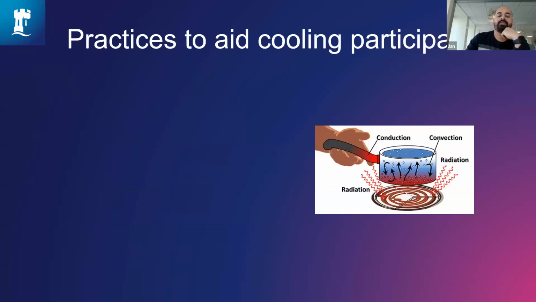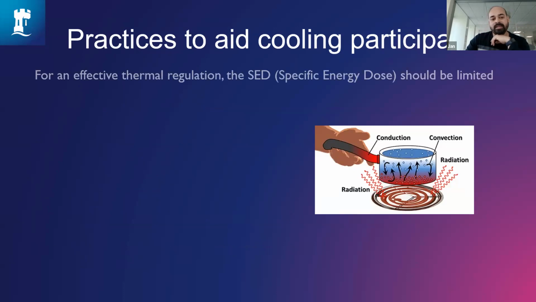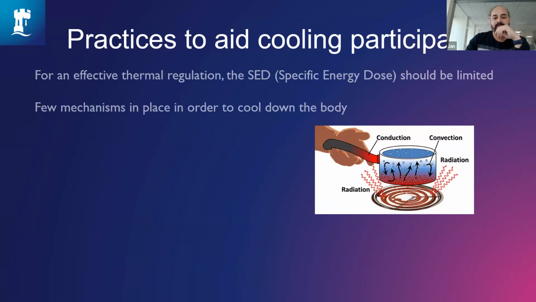Now, practices that we should be doing to aid cooling of participants. For effective thermal regulation, or what we call specific energy dose, we should be careful to use the usual mechanisms of convection, conduction, radiation in a proper format. Convection: we should try to keep the room temperature under 22 degrees Celsius.